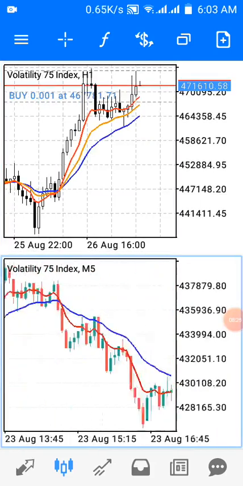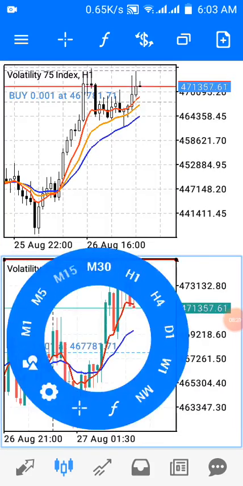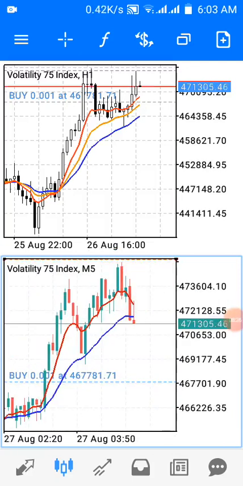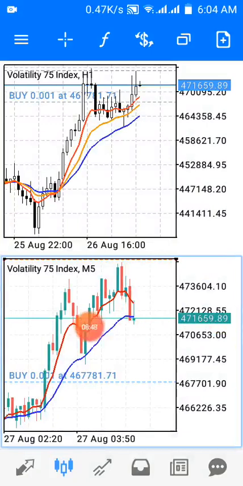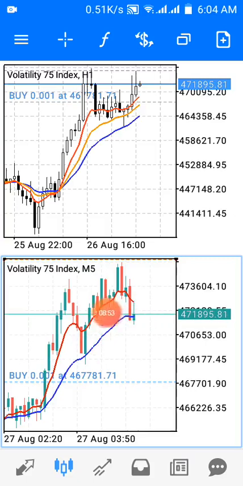So let me move it, okay, like we have an uptrend, until the red line crossed down below the blue line around here before you cut your trade. But if it does not cross down, you expect price to go up above the red line before you continue to buy in this situation.